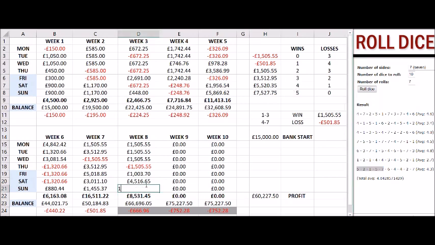This last day of the week came to so £9,000 made. The profit is already at £61,000.